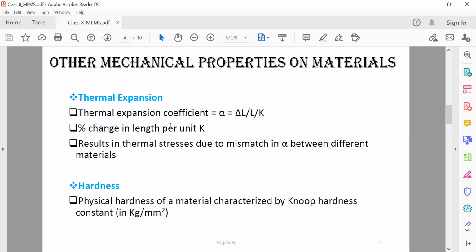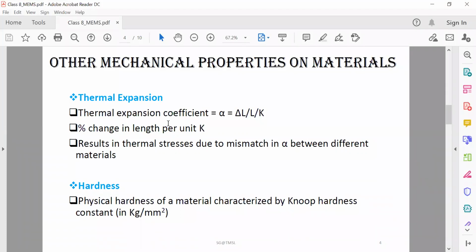What is thermal expansion? Thermal expansion occurs when an object expands and becomes larger due to a change in the object's temperature. To understand how this happens, we need to think about what temperature actually is. Temperature is nothing but the average kinetic energy of the molecules in a substance.